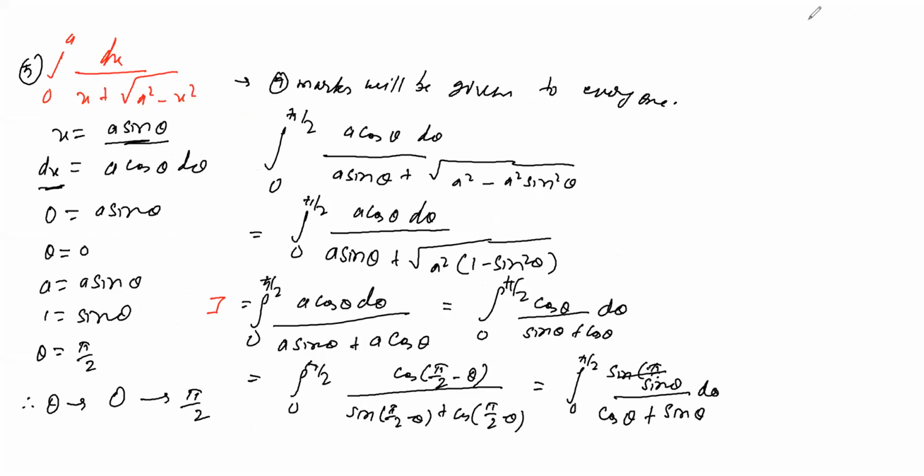This is also I, so take the first one as 1 and this one as 2.